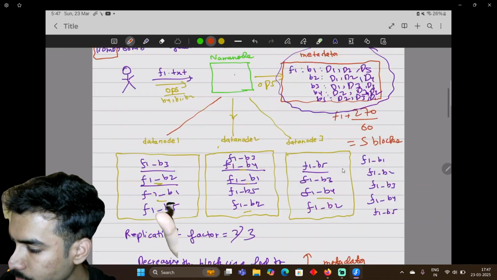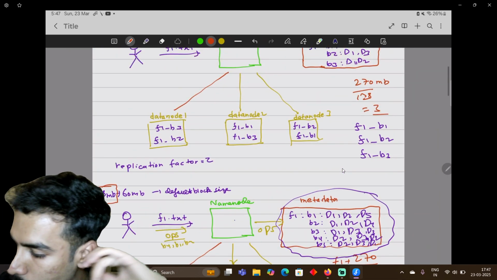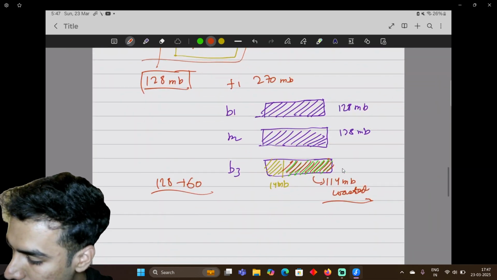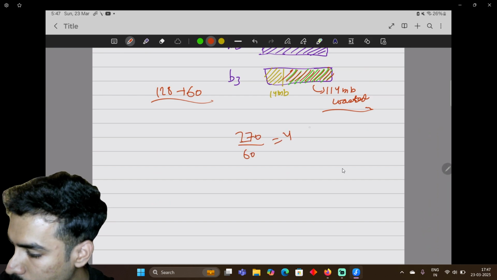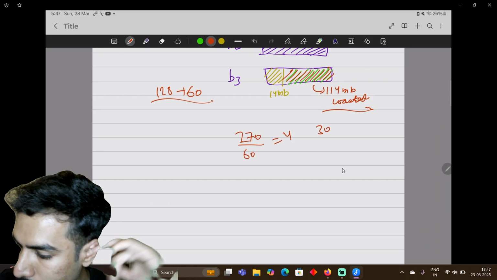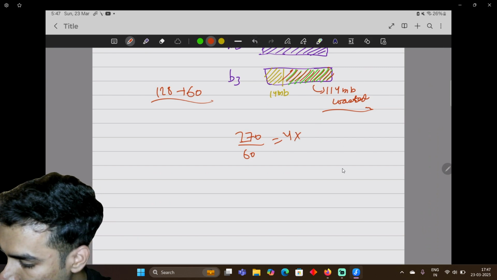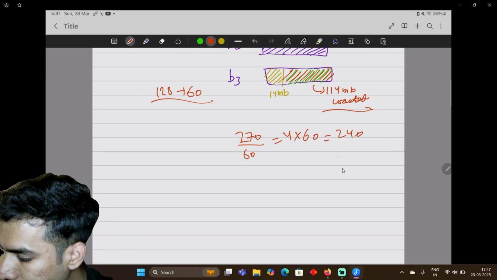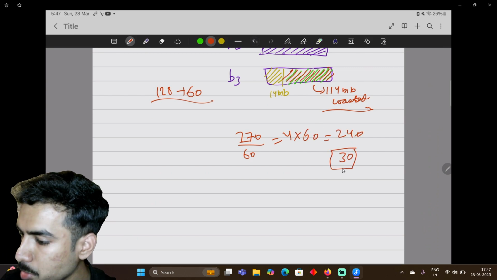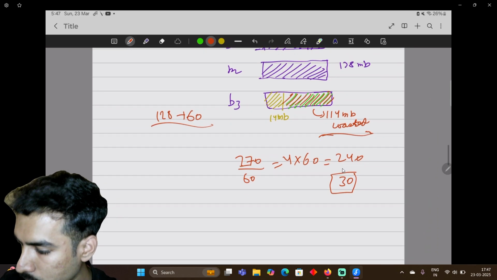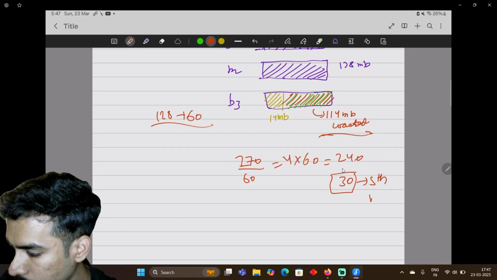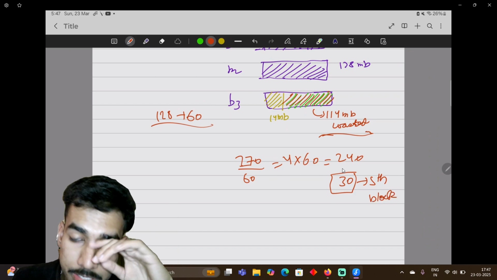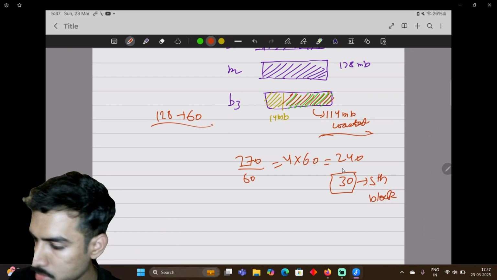As you can see, 270 divided by 60, how much is it? 60 into 4 is 240, and only 30 MB of data is being wasted in the fifth block instead of 114.